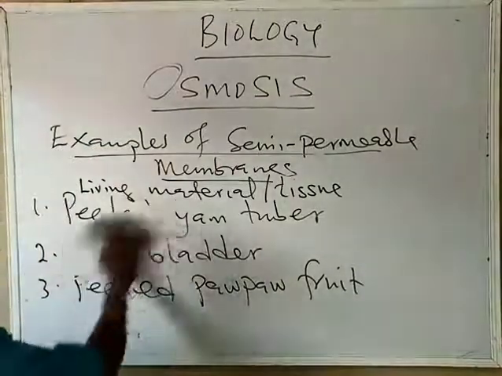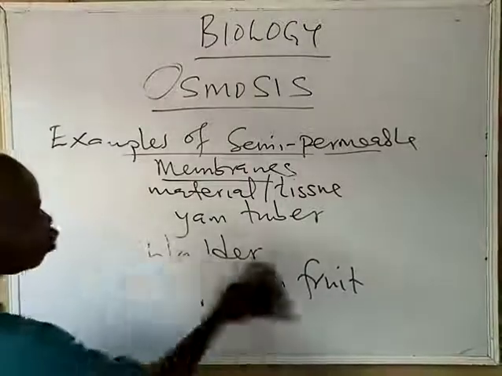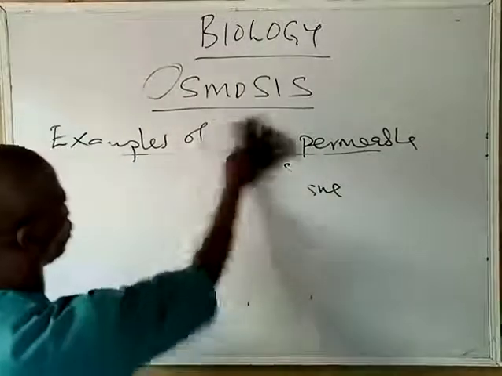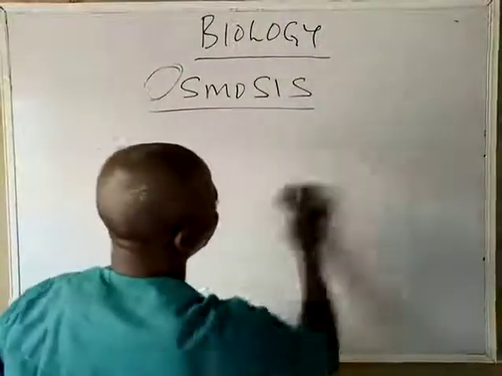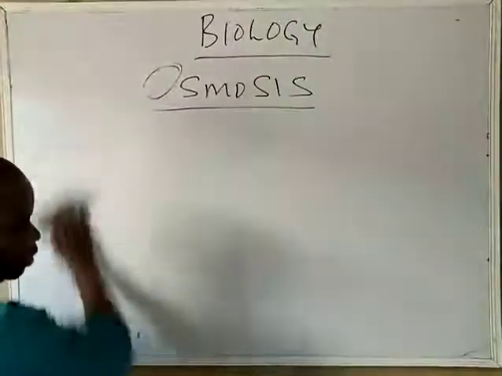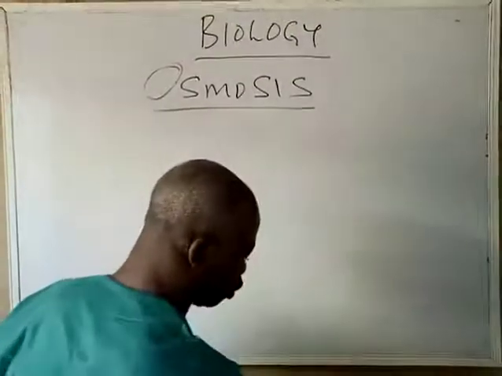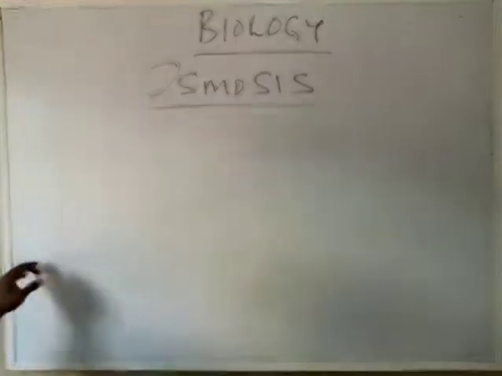Now, from here, we want to look at the types of solutions, and that will take us to tonicity. Let's quickly look at types of solution, which will take us to tonicity.